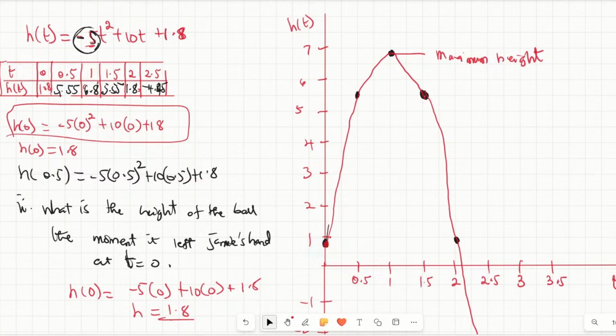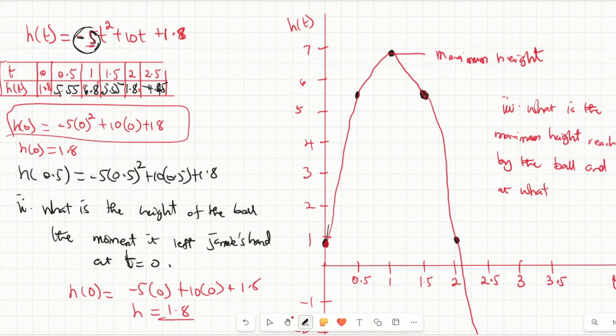It says, what is the maximum height reached by the ball, and at what time did the ball reach that height?